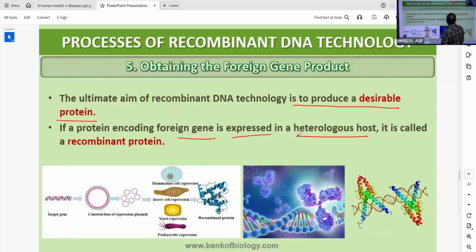If a protein encoding foreign gene is expressed in a heterologous host, it is called a recombinant protein. Now what is heterologous? If a protein encoding foreign gene is expressed in a heterologous host, it is called a recombinant protein.